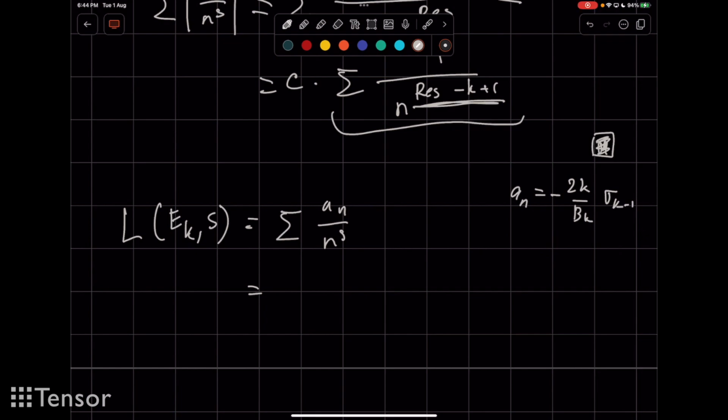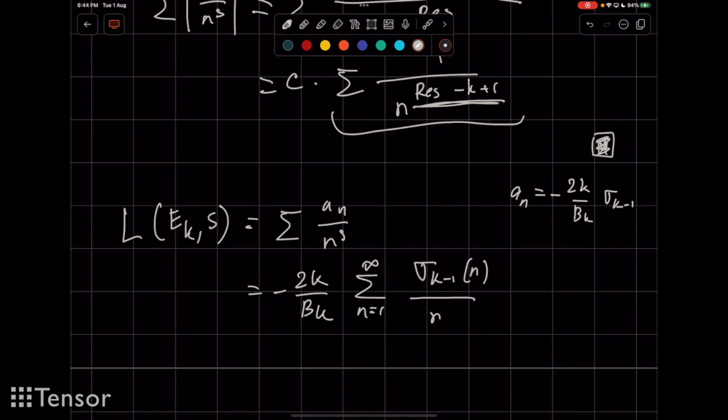So we can take the negative 2k over B_k out in front. So negative 2k over B_k times the sum from n equals 1 to infinity of sigma_{k-1}(n) over n to the s.